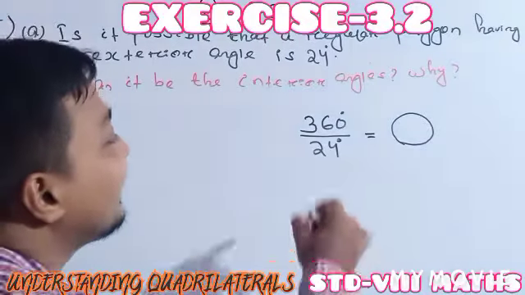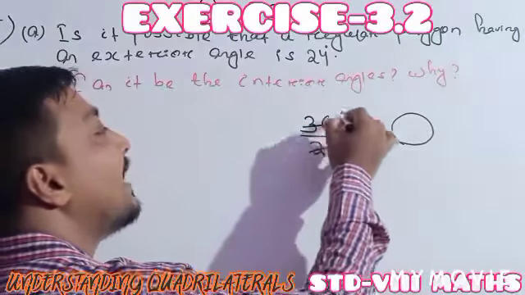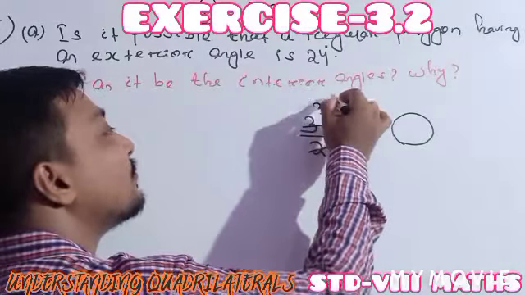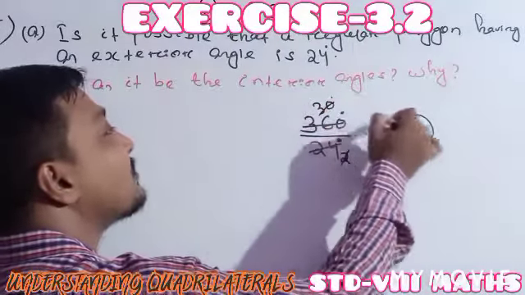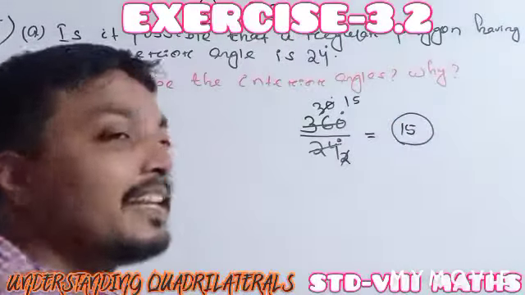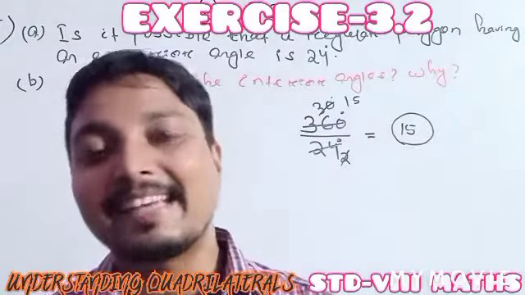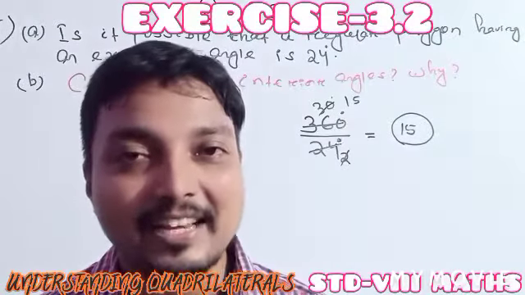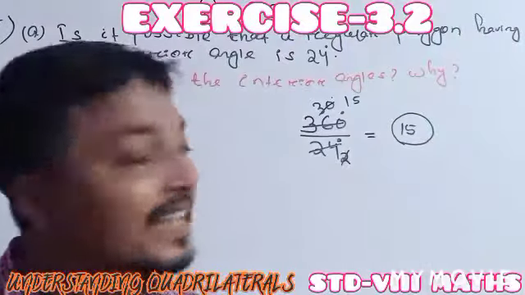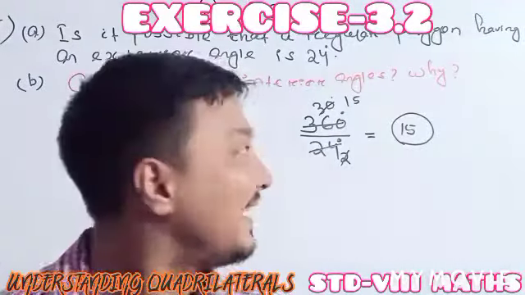So here, 12 times 2 is 24, 12 times 3 is 36, 0. On cancellation it gives us 15. So yes, this type of polygon is possible. Why is it possible? Whenever each exterior angle is 24 degrees, the number of sides the polygon has is 15.